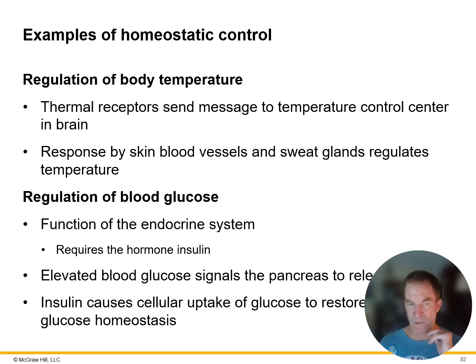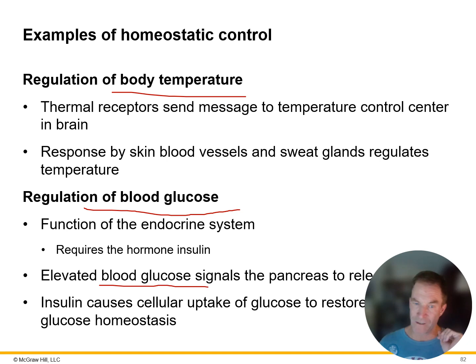And yeah, some examples of this, we regulate body temperature, we regulate blood glucose. Both of these have to be maintained within certain ranges, or we're no longer in homeostasis, and we have real trouble with that, and we may even die. So elevated blood glucose signals to the pancreas, causing insulin to be released to lower it.